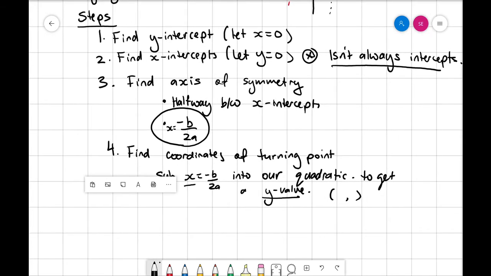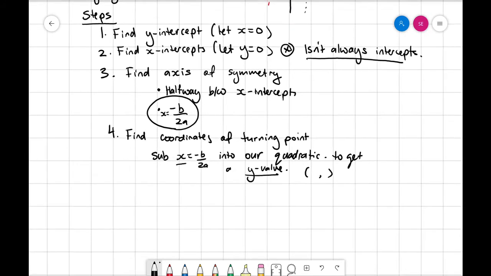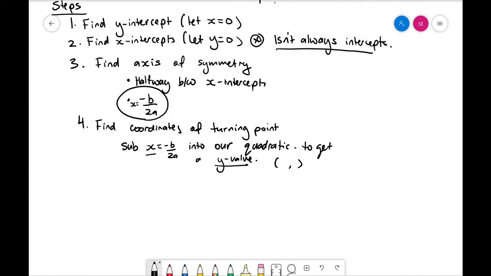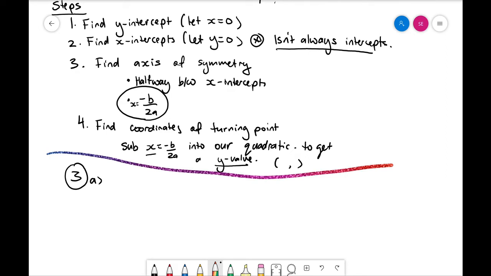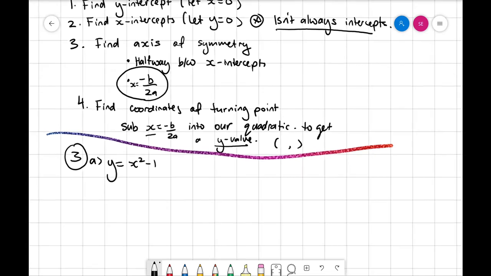Alright, let me zoom out a little bit. Alright, so let's look at question 3a. So we want to graph y is equal to x squared minus 1.